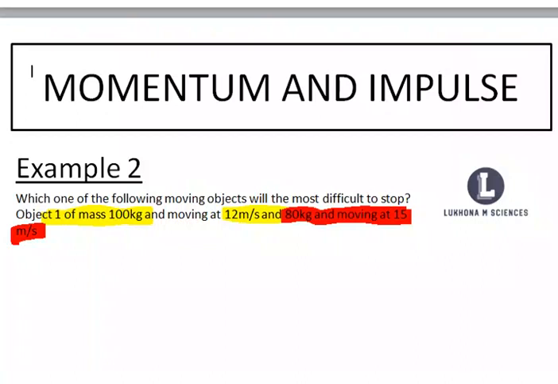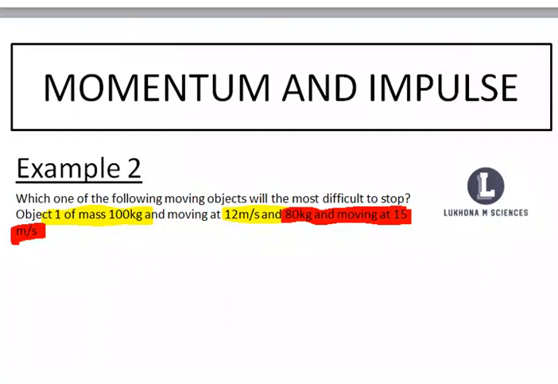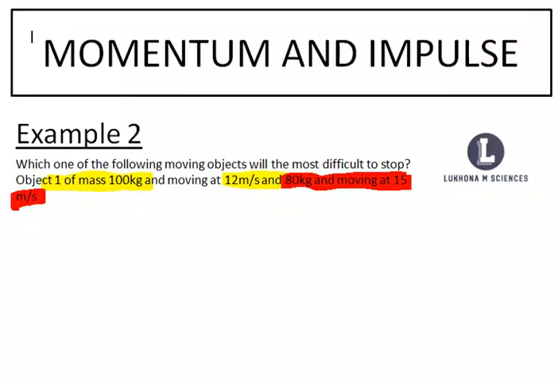So let's calculate. Let's start with object 1. In object 1 we have the mass, which is 100 kg. So mass is equal to 100 kgs, right?